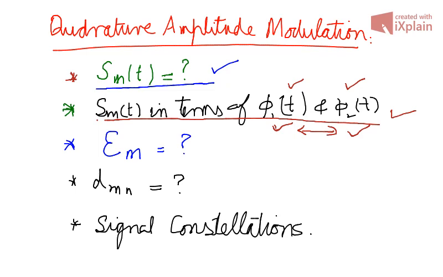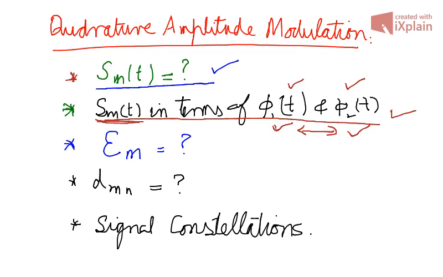We will just use phi1 of t and phi2 of t, which are actually the two sinusoids, cos of 2 pi f ct and sine of 2 pi f ct. These are orthogonal. We will see the mathematical expression, and we will represent our Sm of t in terms of phi1 of t and phi2 of t.